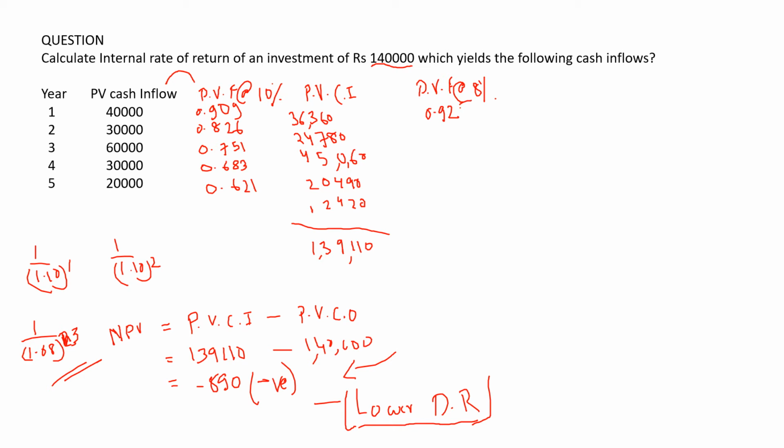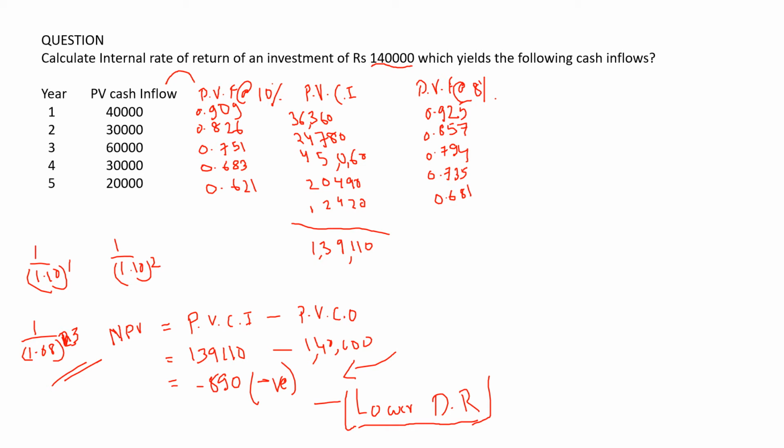And what we will be getting is 0.925 for the first year. For the second year, we'll be getting 0.857. For the third year, it will be 0.794. For the fourth year, it will be 0.735. And for the fifth year, it will be 0.681.